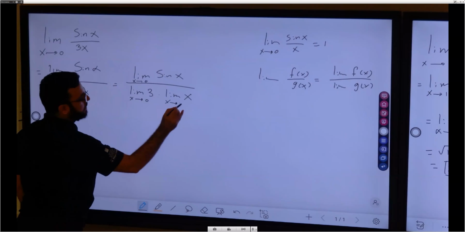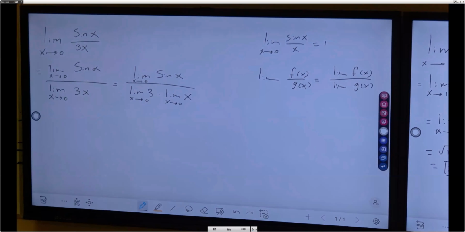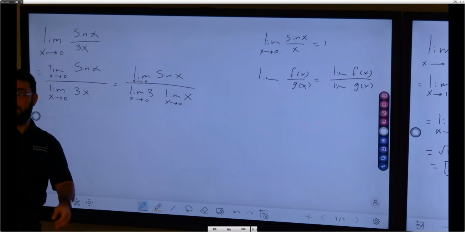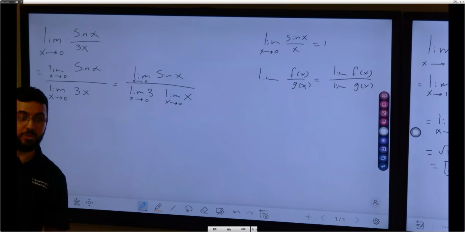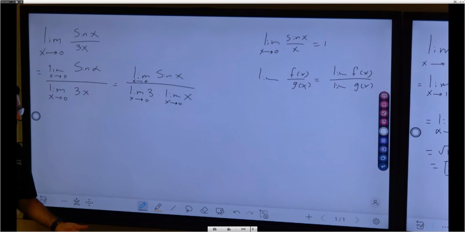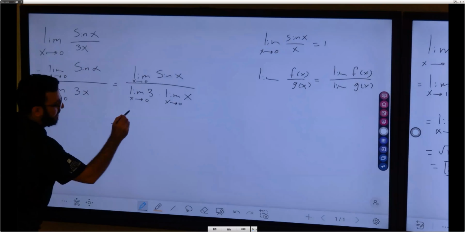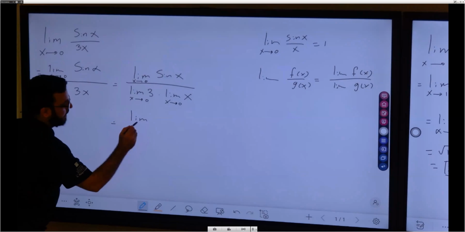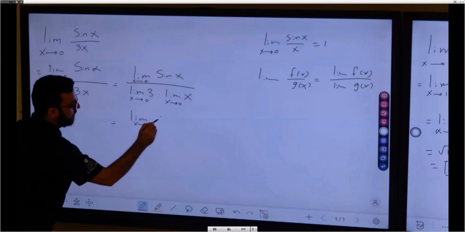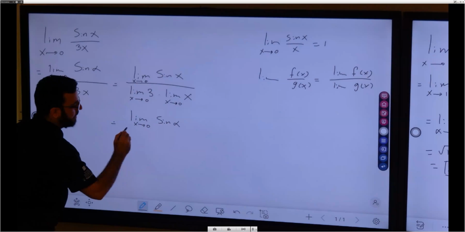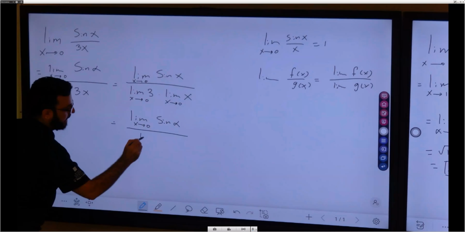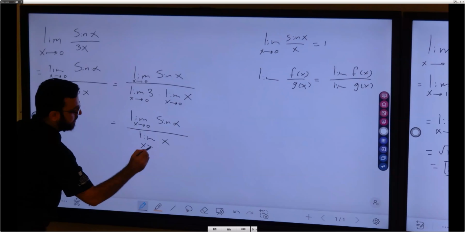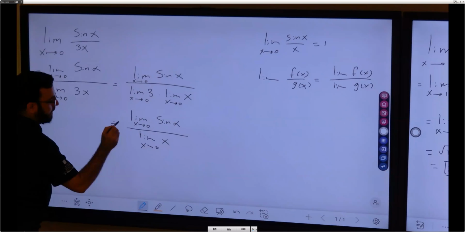What's the limit of the constant? First rule. So I'm going to keep this one as x approaching 0, sine x over, and here's the limit of x as x approaches 0, and this is 1 over 3.